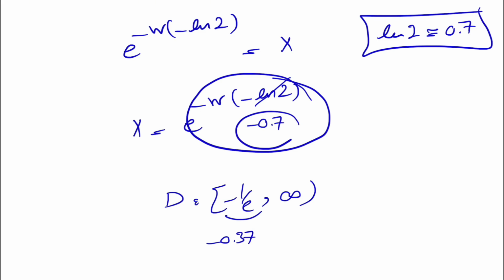Looking at this, minus 0.7 is out of this range, and that shows that this equation doesn't have any real solutions.